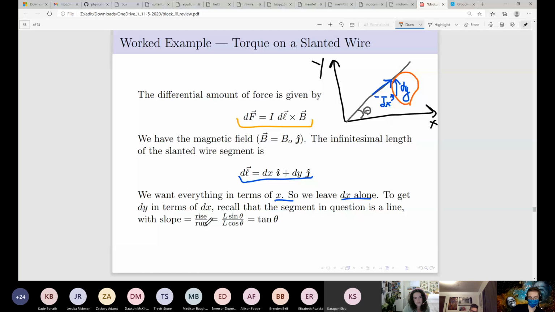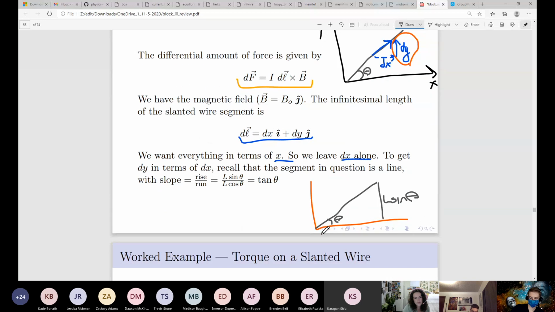The slope of that line is just its rise over its run. If I redraw it, the amount it rises is just L sine theta, because theta is right here. So L sine theta is this side length. And the run of the slope is L cosine theta at the bottom.